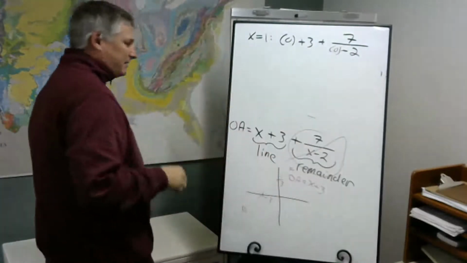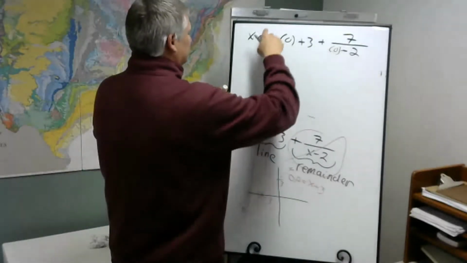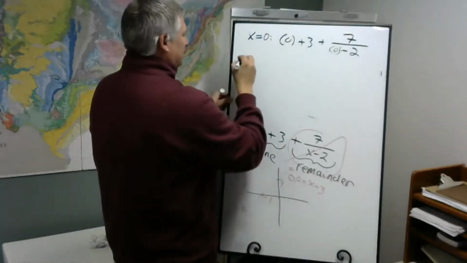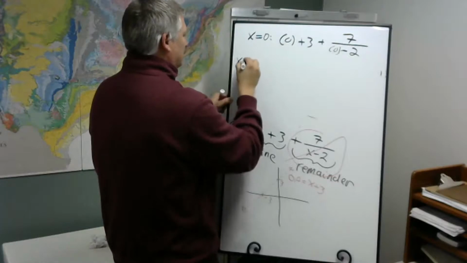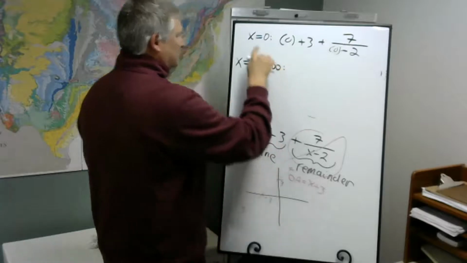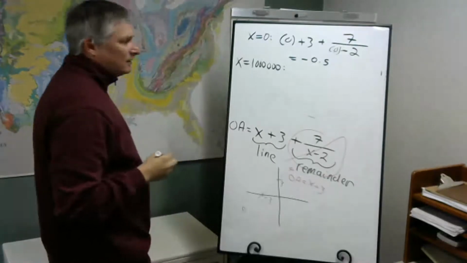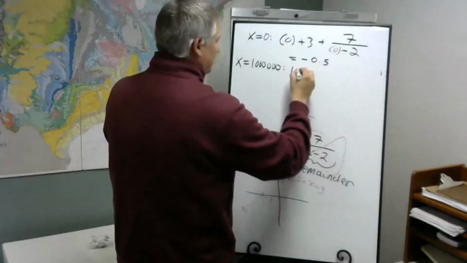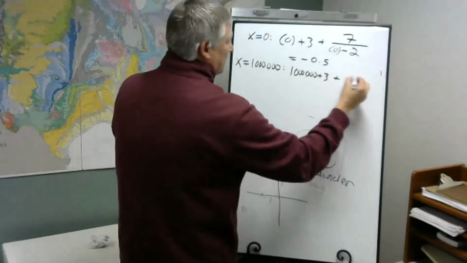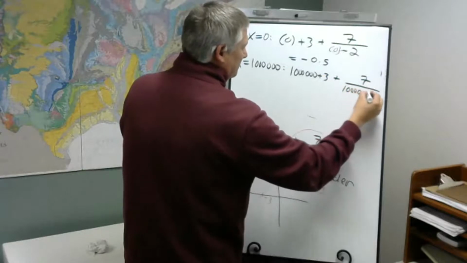So what happens if we let x be 1,000,000? So this was actually for x equals 0. If x is 0, we got negative 0.5. Now for x is 1,000,000, we get 1,000,000 plus 3 plus 7 over 1,000,000 minus 2.